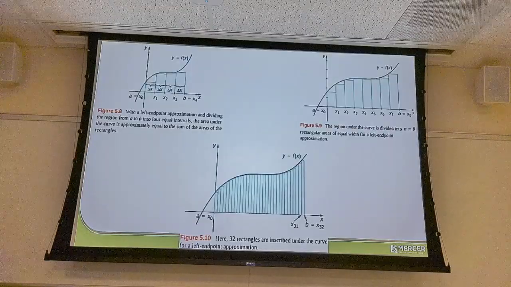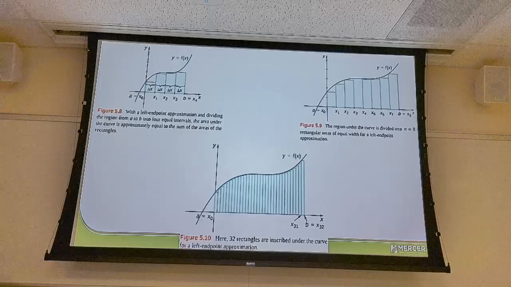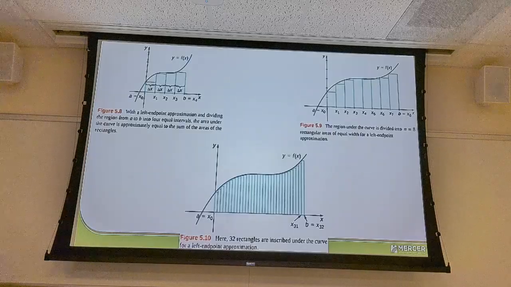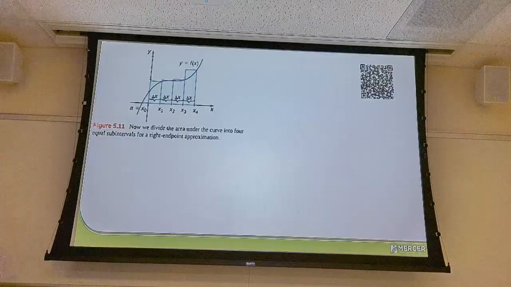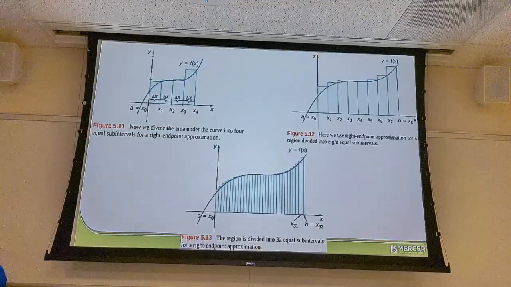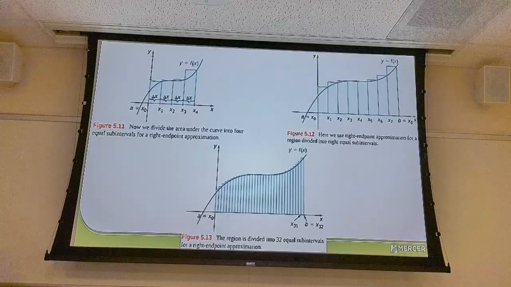Right, so you're losing less and less area from the approximation. I think this is the left endpoint approximation, and this is a right endpoint approximation with the same idea. As you let the number of rectangles increase, the amount of extra area you're getting for this function is smaller and smaller.